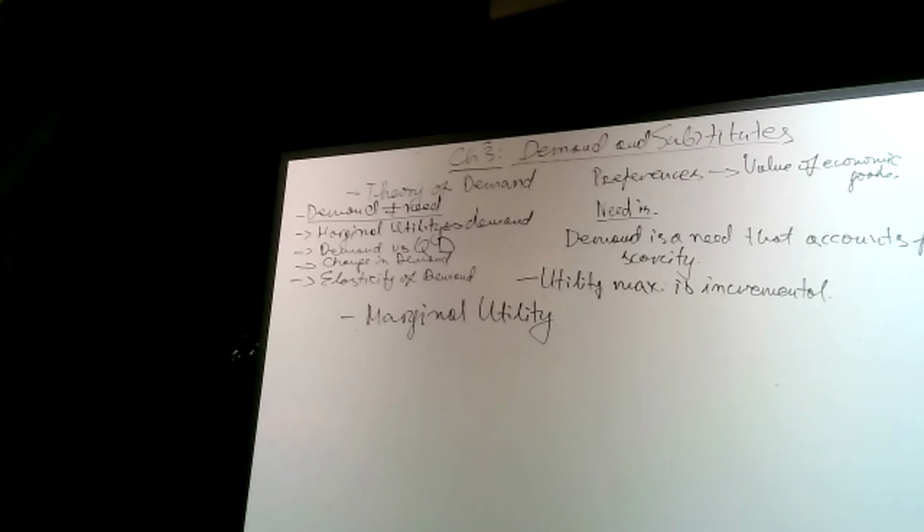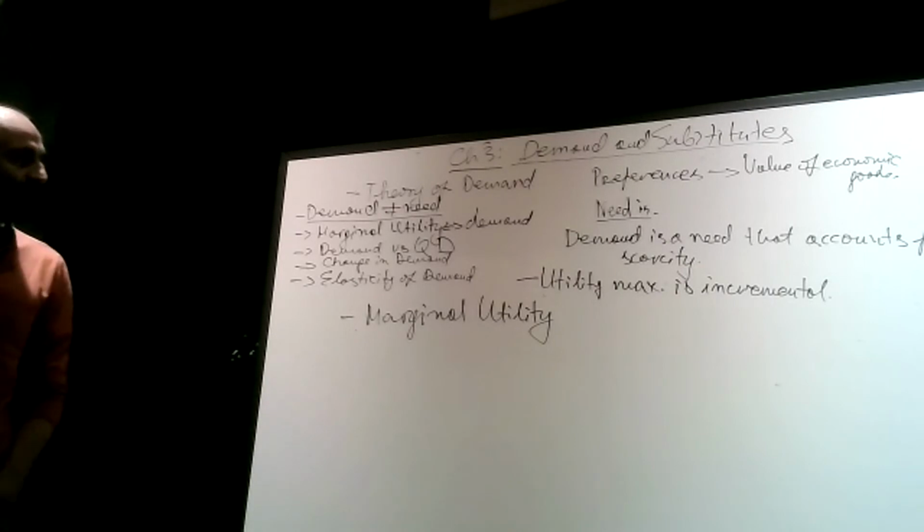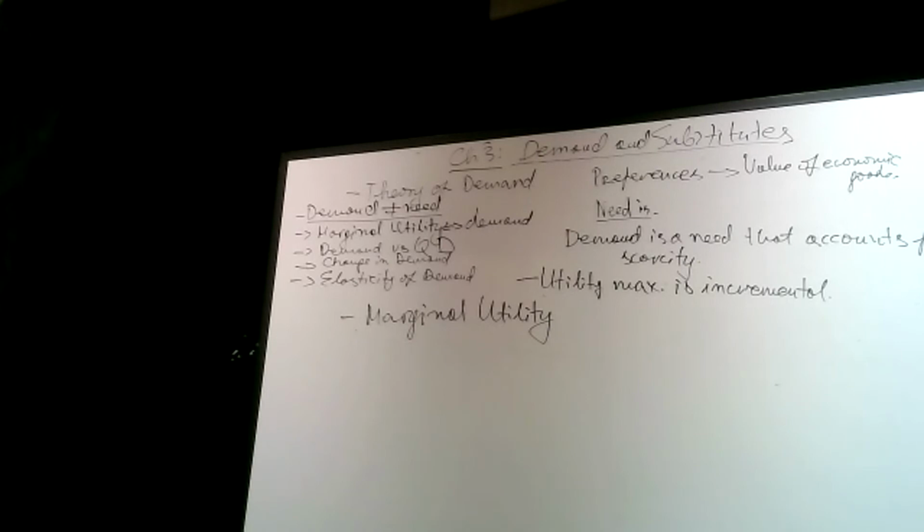Now, what can we say about marginal utility in general? It can help us understand and describe many things in economics. One of them, you can call this a law of marginal utility. It says, as you increase the stock of goods at your disposal, stock of any good, material good or non-material good, its marginal utility decreases.